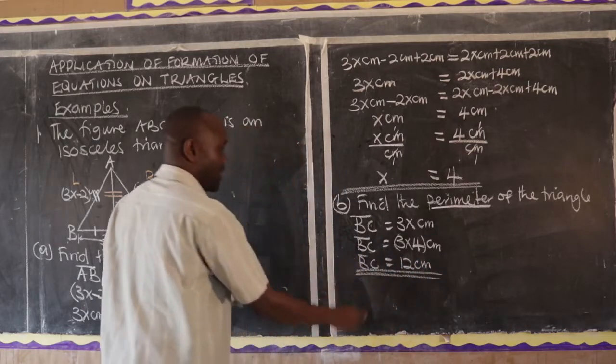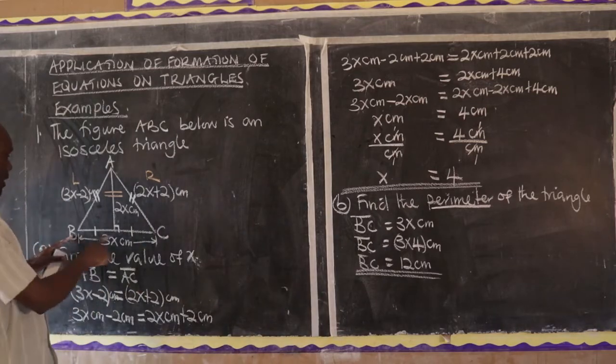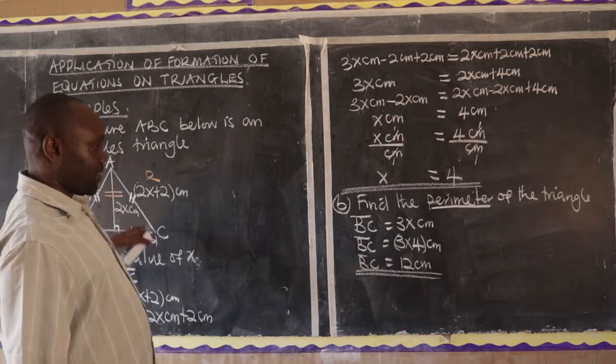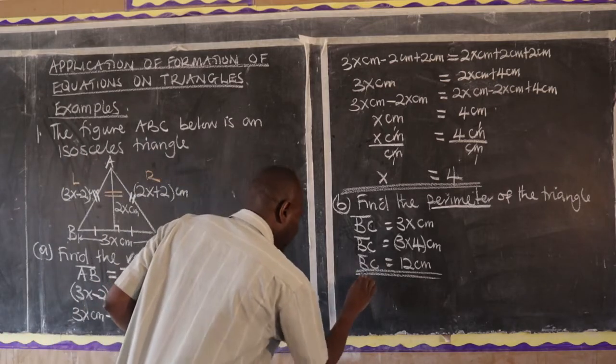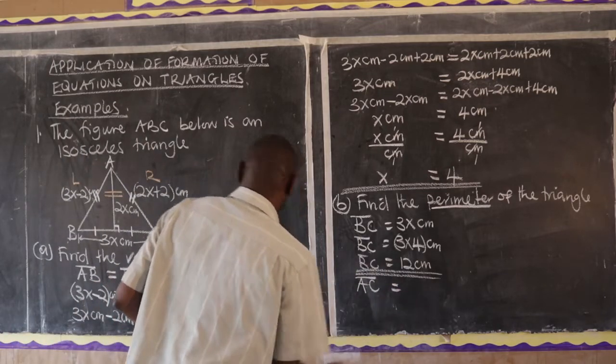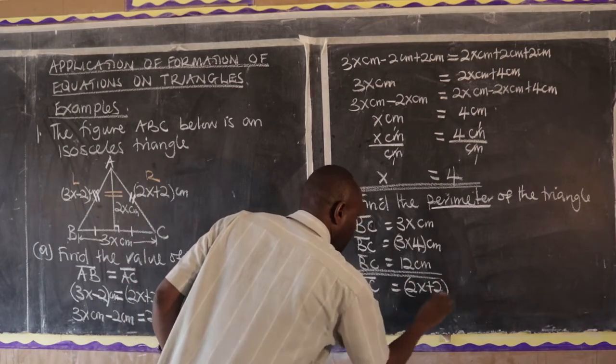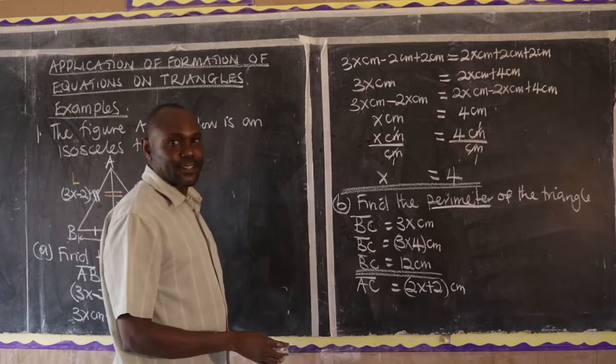So that is our length BC. Now we are going also to find the length AC. So we have our length AC is the same as 2x plus 2 centimeters.